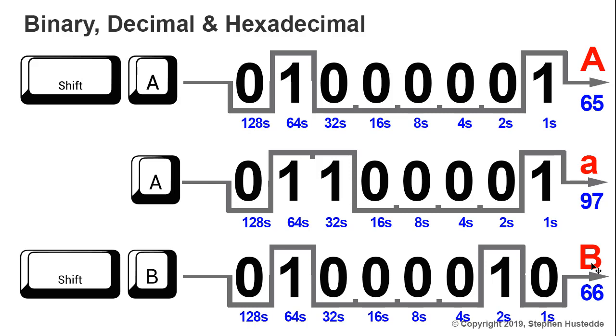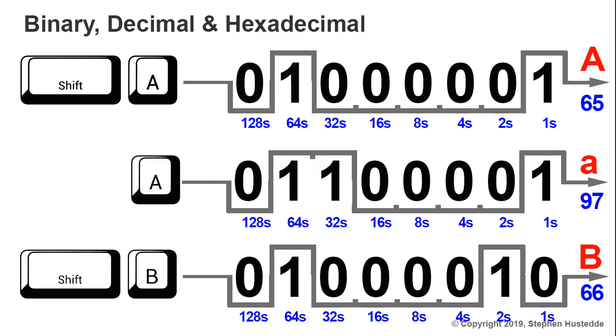Uppercase A through uppercase B are sequential in order. We're simply adding 1 to each letter. The lowercase letters, in this case, are the same as the uppercase, but with an added 32 value. The way you can figure out what the decimal value is of a letter is I just remember that A is 65.